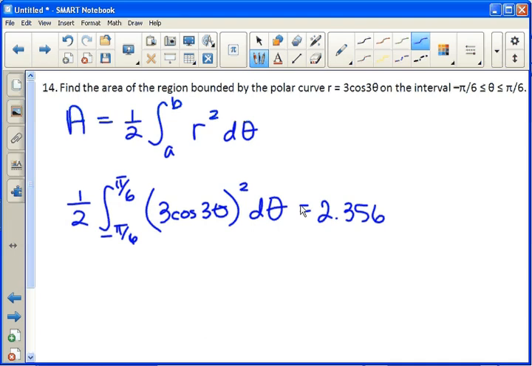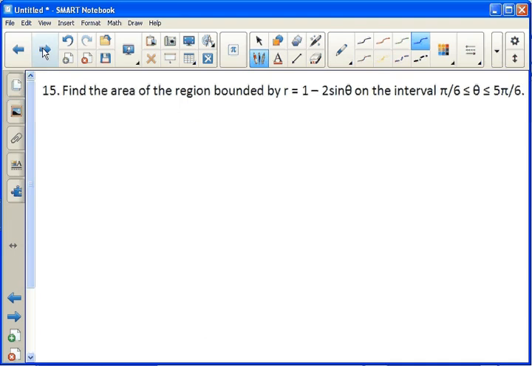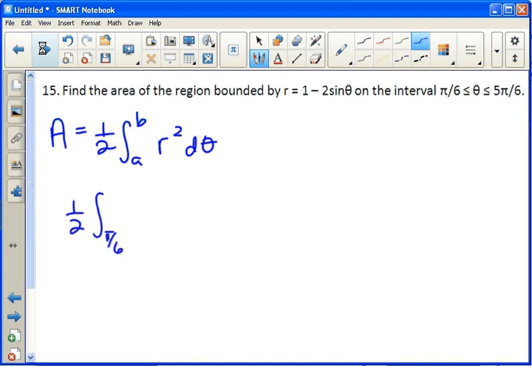Find the area of the region bounded by r equals 1 minus 2 sine theta on the interval pi over 6 to 5 pi over 6. Same formula, 1/2 times the integral from a to b of r squared d theta, 1/2 times the integral from pi over 6 to 5 pi over 6 of 1 minus 2 sine theta squared d theta.